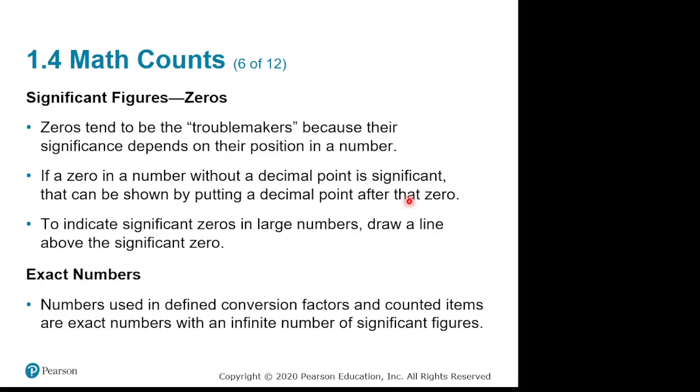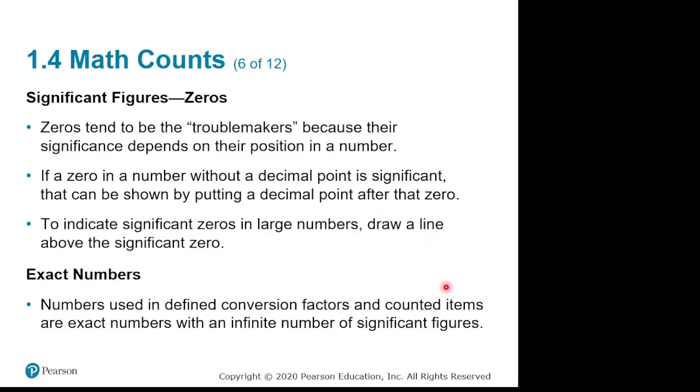I could be like $3,005. But I know the tens, I have an idea. I know it rounds to that. So if we have significant zeros in large numbers, you want to draw the line above them if they're significant. That's the easiest way to deal with that.